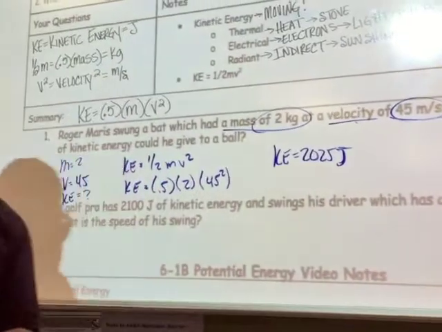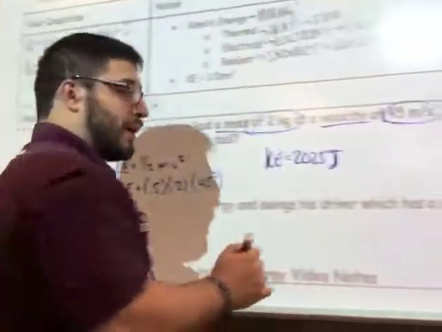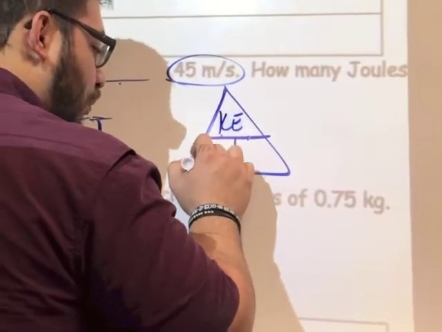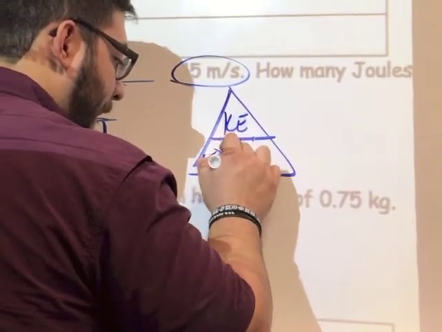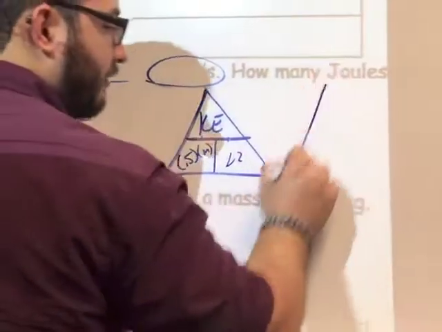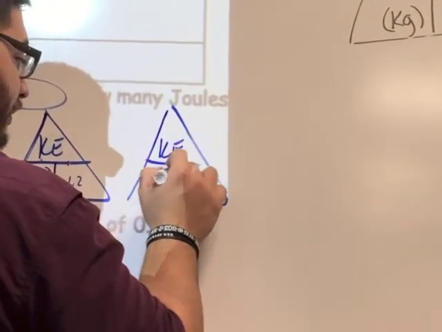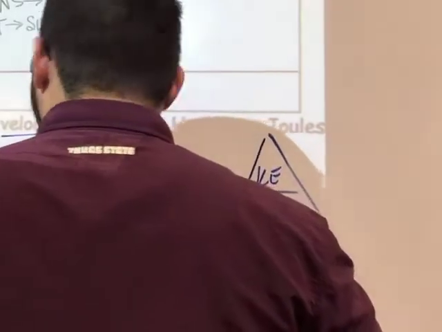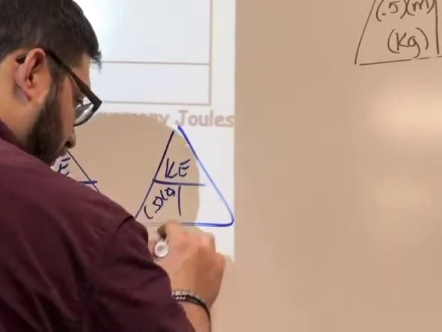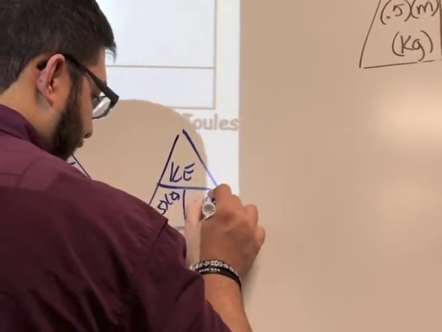But that's not the only way to do this. If you're a fan, like me, of triangles, we can do it the triangle way. Kinetic energy is equal to 1/2 m v squared, so 0.5 m v squared. We'll plug in what we do know. We don't know what KE is, but we do know half of 2, 0.5 multiplied by 2, is 1, multiplied by 45 squared.